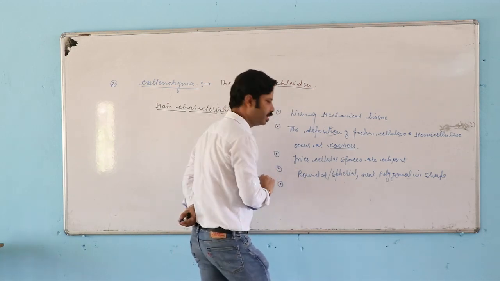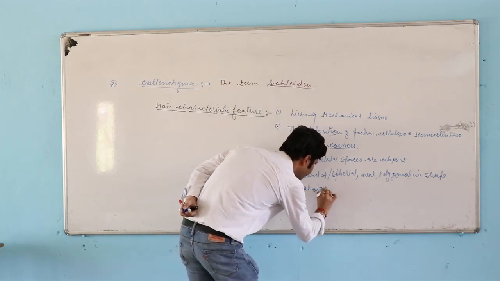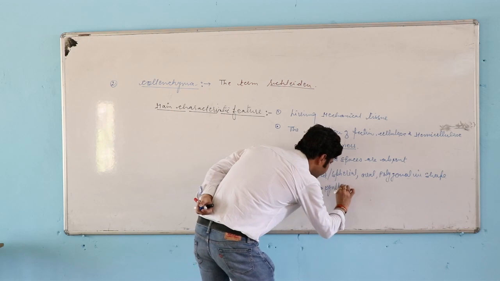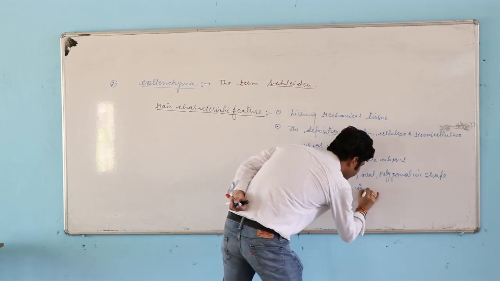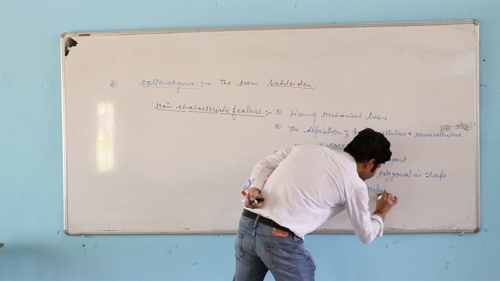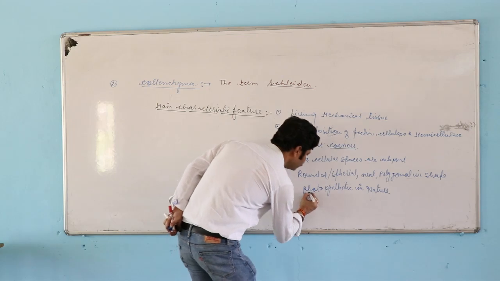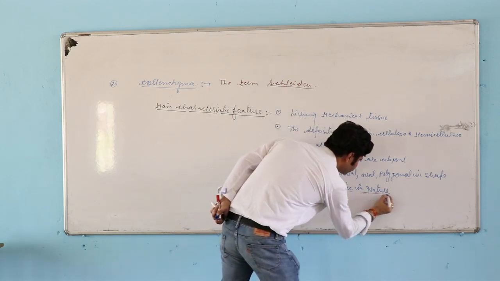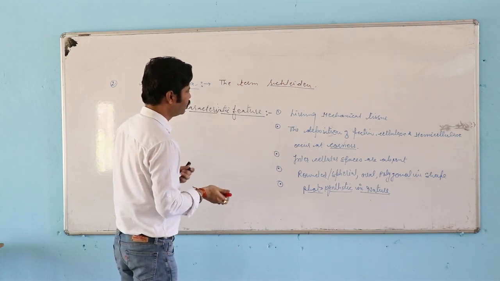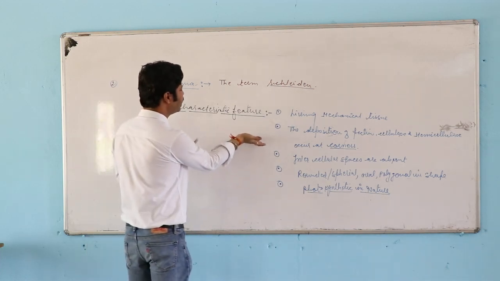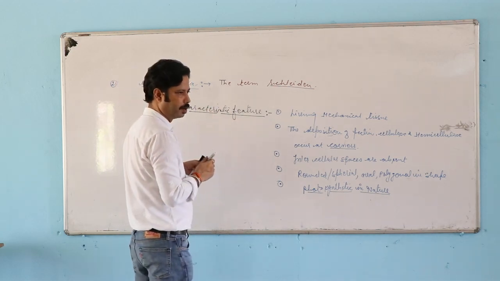Hence, it is photosynthetic in nature. Okay. These are the main characteristic features of collenchyma.